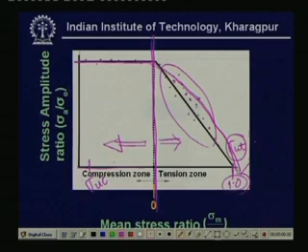It could be curved, it could be a straight line, the way it has been represented here.